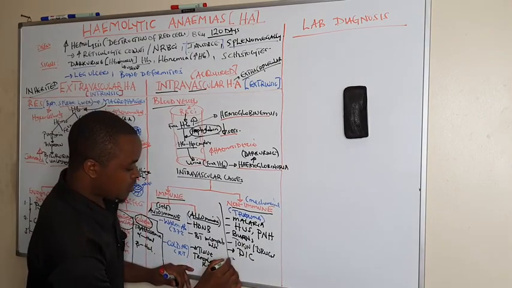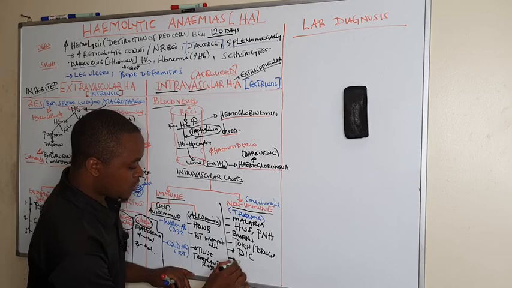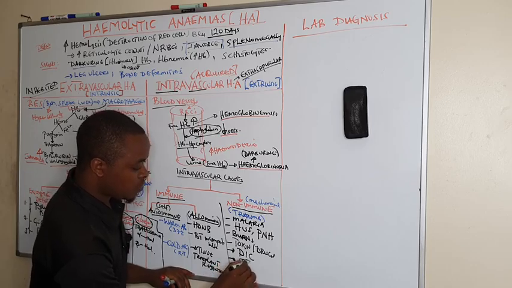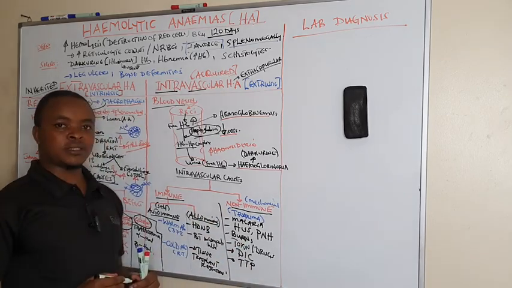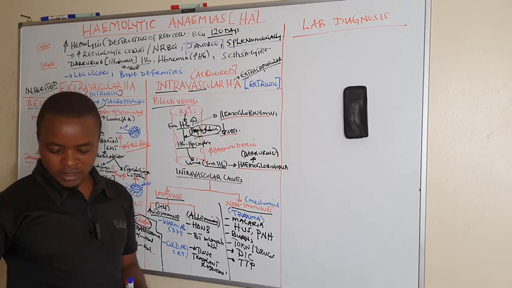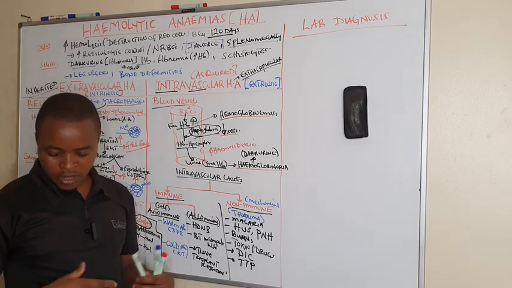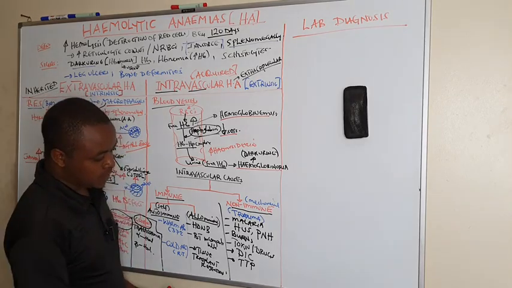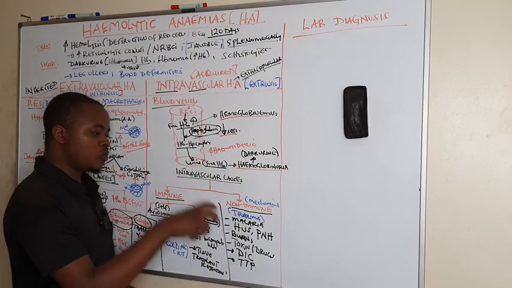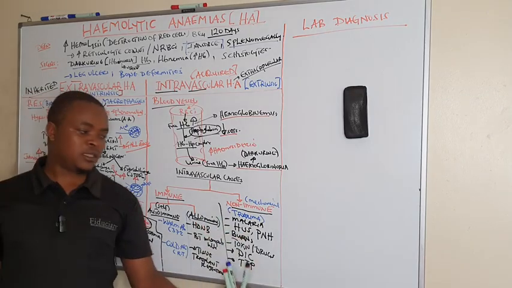We shall look at thrombotic thrombocytopenic purpura. Thrombotic thrombocytopenic purpura is also one of the causes of these hemolytic anemias, and many others. So these are due to mechanical damage or trauma of the red cells.